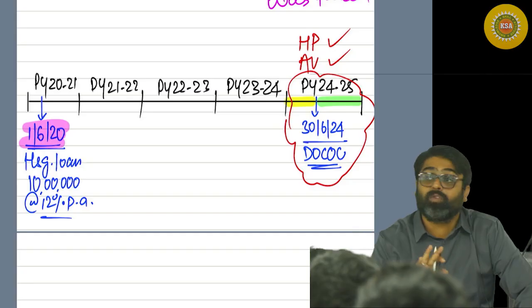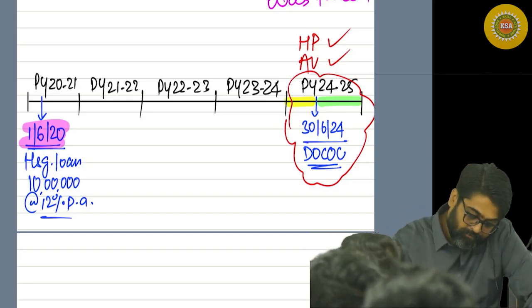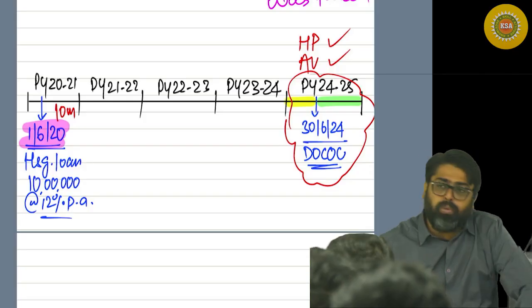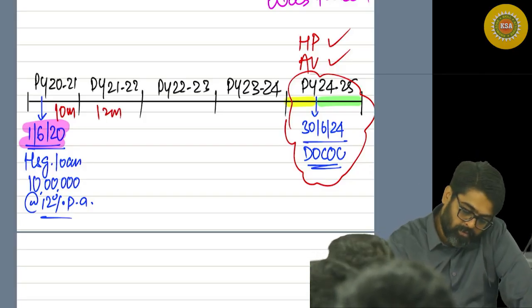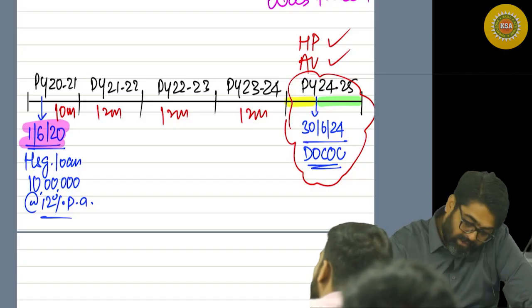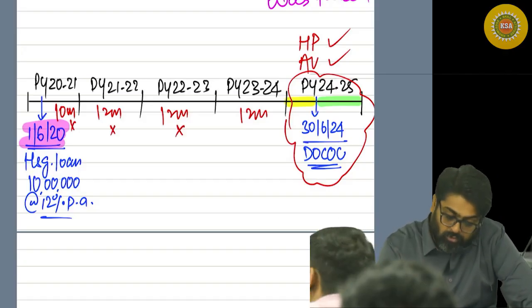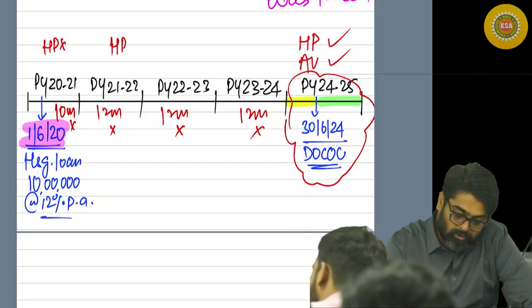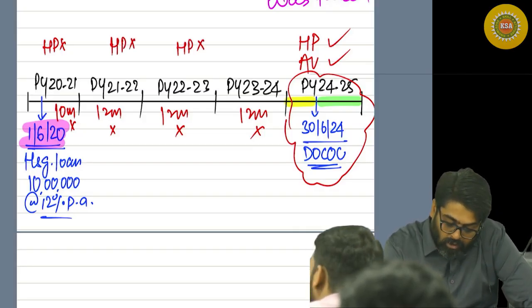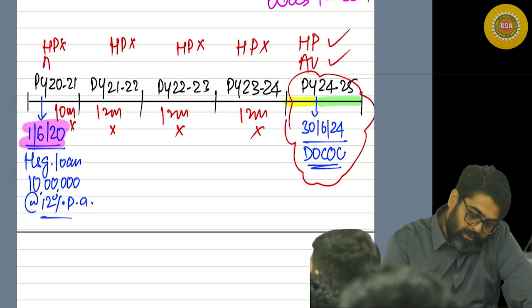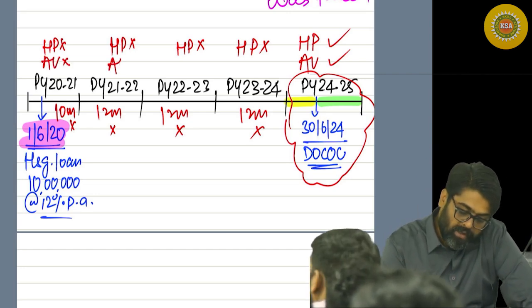This interest was not allowed, because see, here you paid interest for, even this was not allowed, because there was no house property. If there was no house property, annual value could not be calculated.